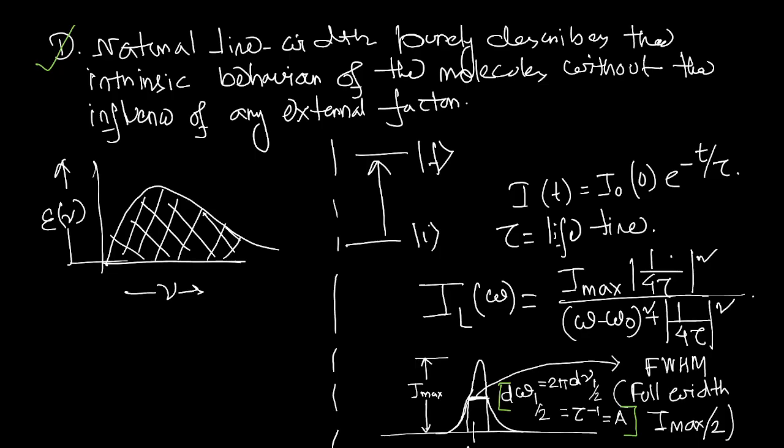If it faces any influence of another system or another external factor, the peak will not look like a Lorentzian function; it will look like a Gaussian function. So the natural line width, you can say, is an isolated absorption profile of a molecule. So it is nothing but due to the intrinsic behavior of the molecule. Okay, so these are the first 5 questions. I will just take a 5-minute break and after that we will continue.